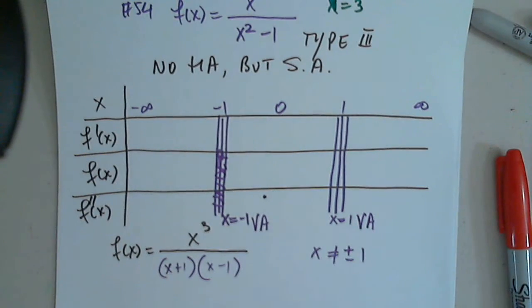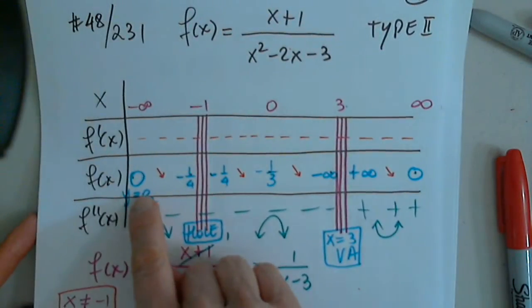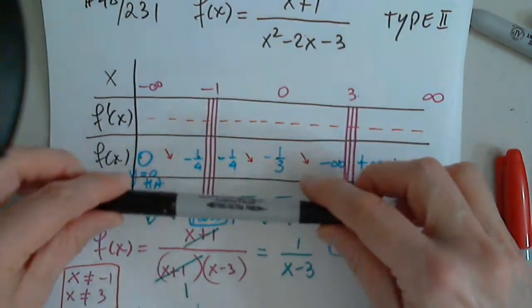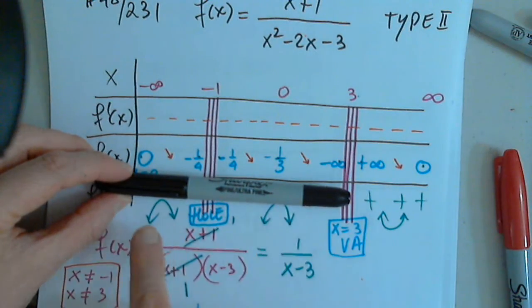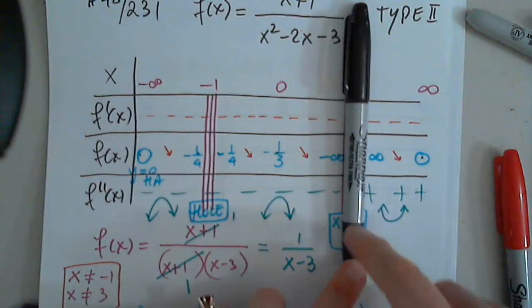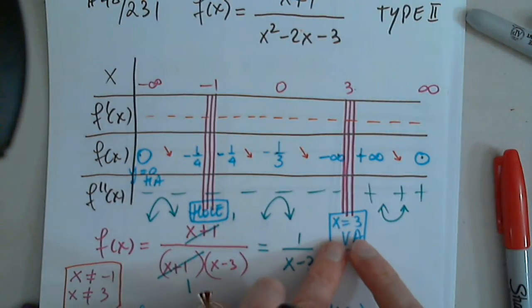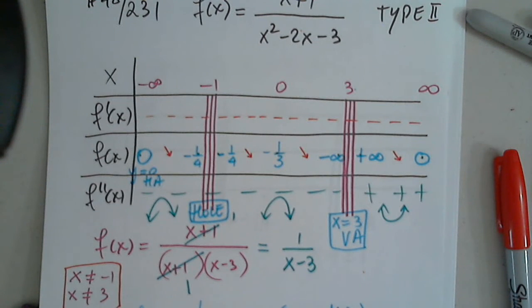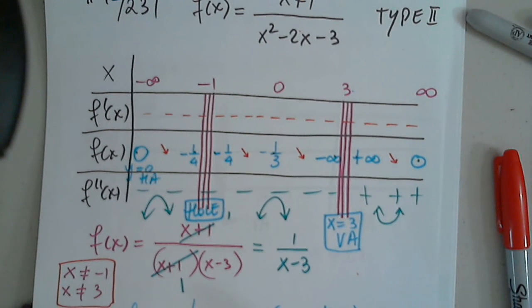Good. Are vertical asymptotes or horizontal asymptotes x equals? No. Horizontal asymptote is a horizontal line. It's y equals. Vertical asymptote is a vertical line, which is x equals. Is that okay?